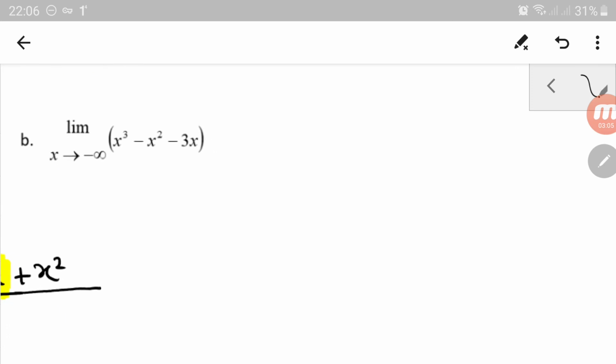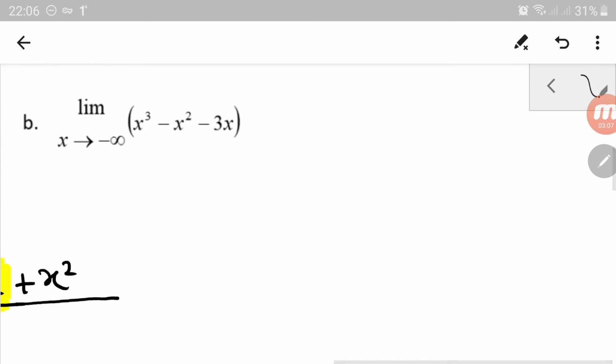Let's have a look at the second example. In this one, if we direct substitute, we get minus infinity. If we substitute into an odd power, it will become negative infinity, another big number but with a negative sign.